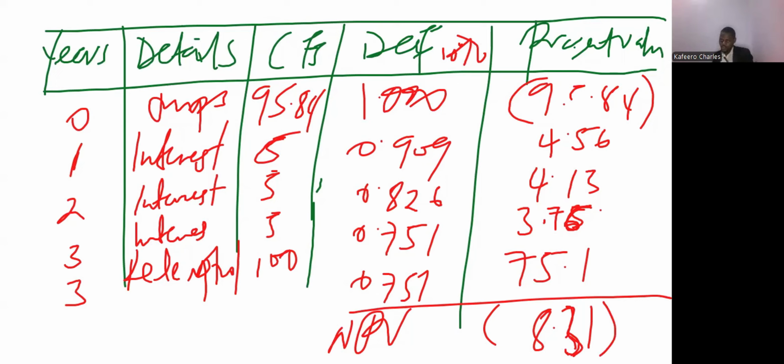So once you have gotten those two NPVs, one is positive, one is negative. This one has given us a negative at 10%. So we take those rates and we substitute into our formula. So we have a 10% that gave us 8.31, a negative.